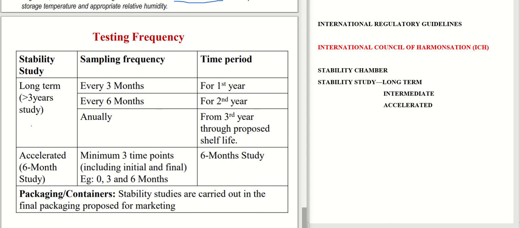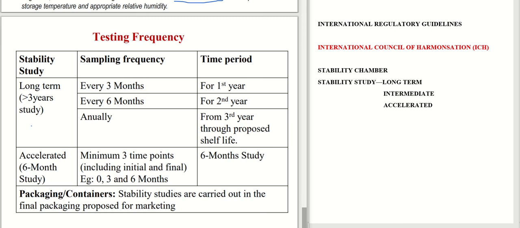The study would exceed 3 years. So in the first year of the study period, for every 3 months we need to take out the sample and check its stability.